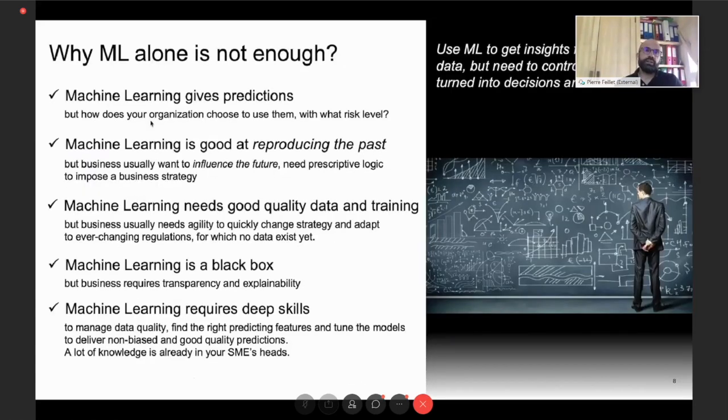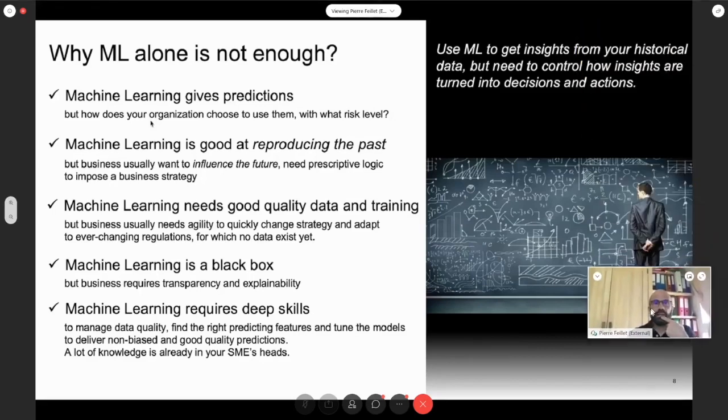The issue is that ML alone may not be enough, as mentioned before by Francis, because ML is good at giving classifications, regressions, but it's not directly good at reasoning or taking decisions.